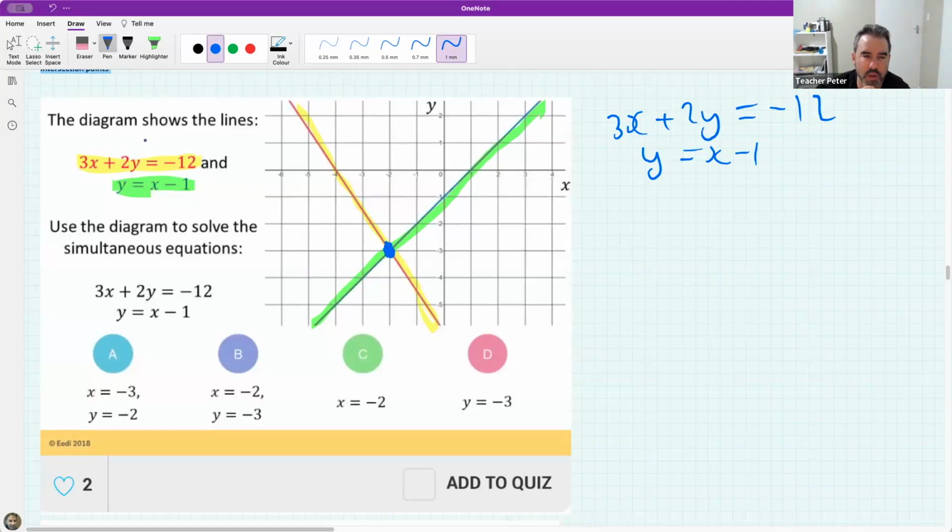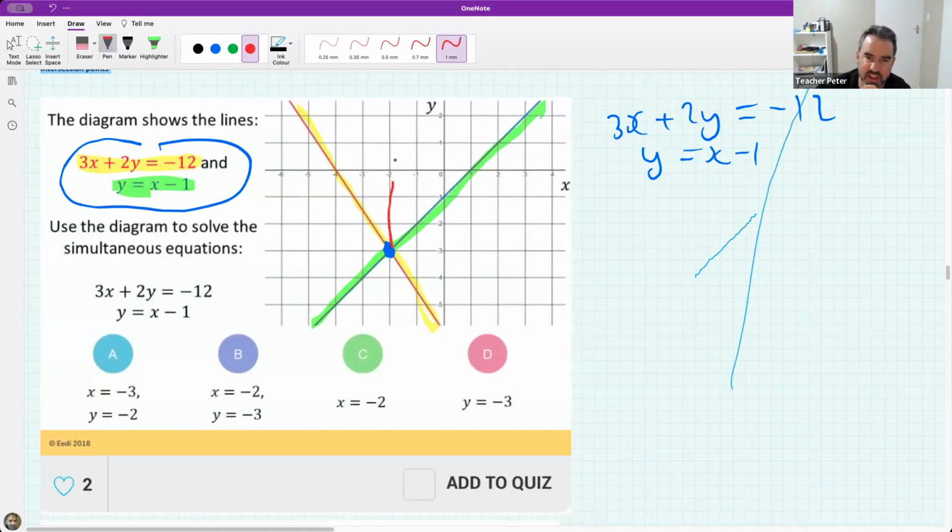So when you have two lines that meet, they are the simultaneous solution for this. So what the question is actually asking is, what is the x value? Oh, let's have a look. I must disable annotation. There we go. So if that goes to that, and that goes to that, what is that blue point going to be?